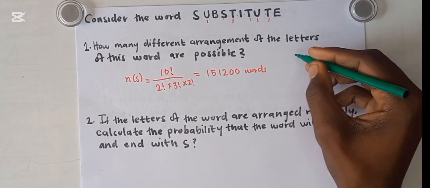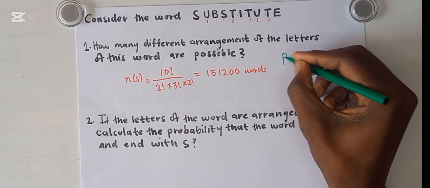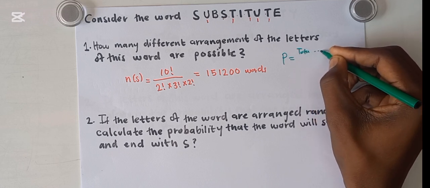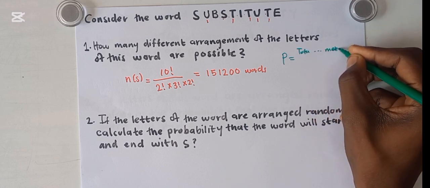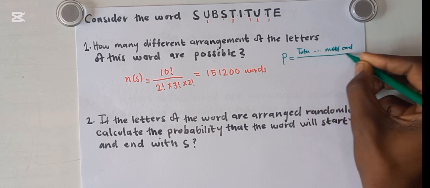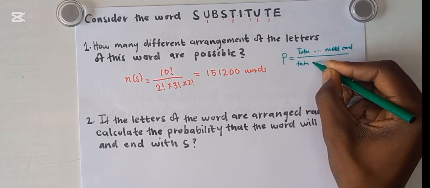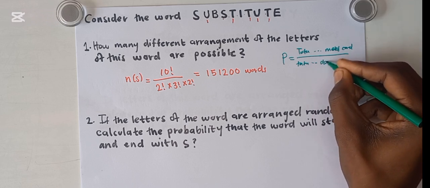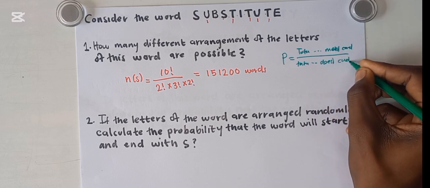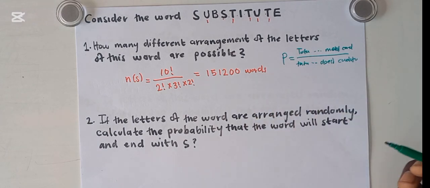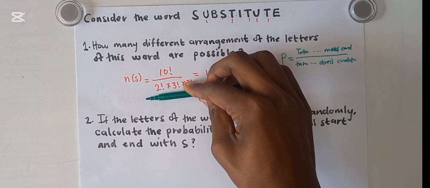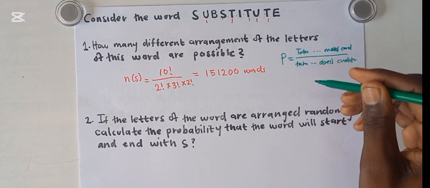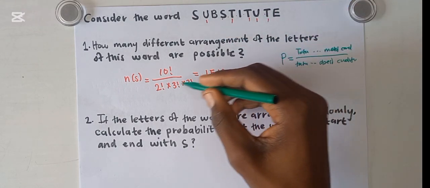Let me remind you, probability is equal to the total number of events that meet the certain condition, divided by the total number of events that do not have a condition. We already have that one, which is this one. We have calculated the number of ways that can be formed by the word substitute, and it does not have any condition.